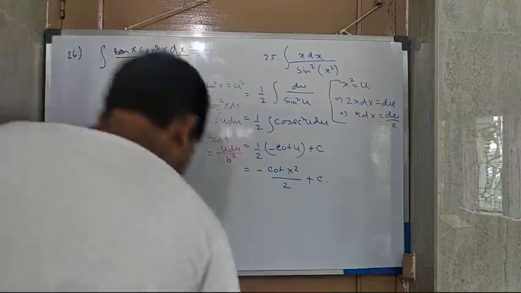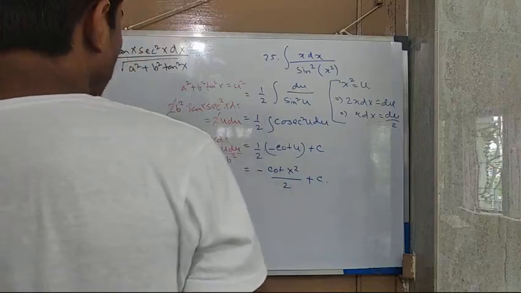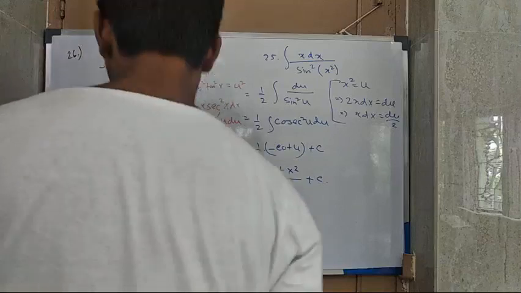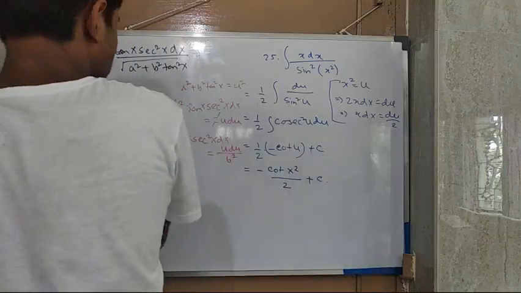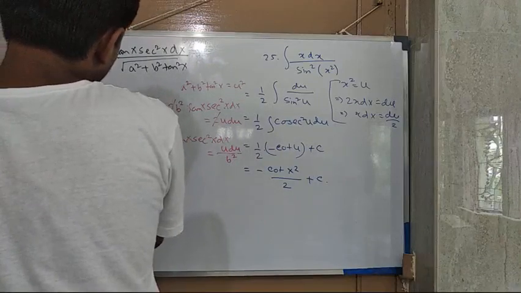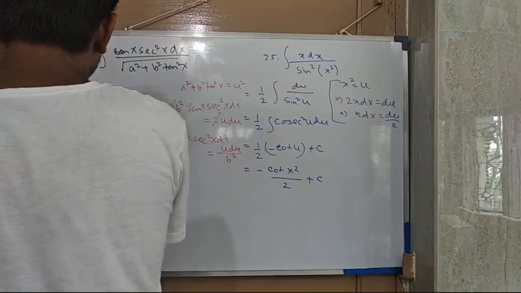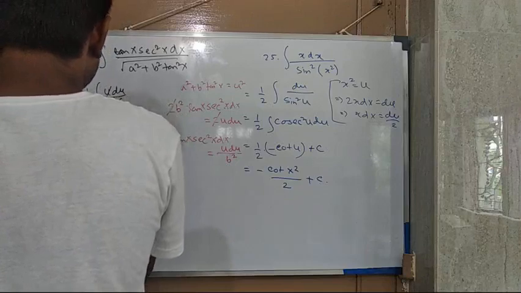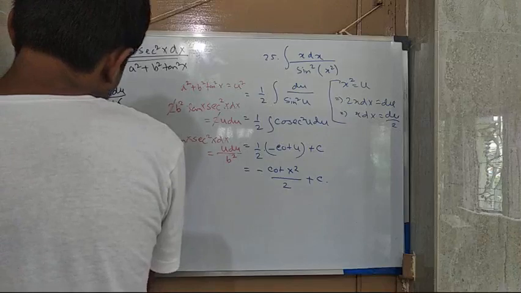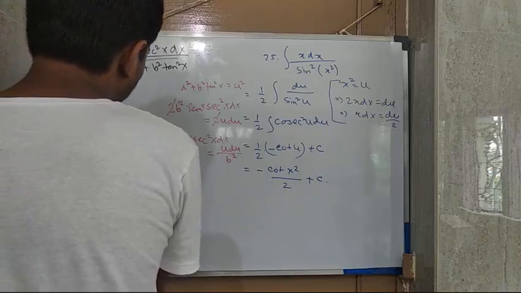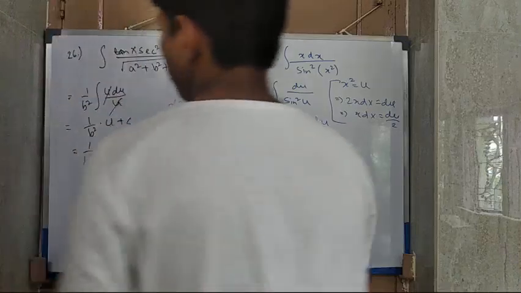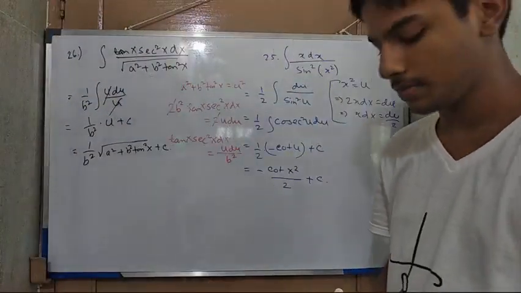So just put that in our original integral. We get 1 by b squared times the integral of u du by u. So u and u get cancelled, which is 1 by b squared times u plus c, and u was root under a squared plus b squared tan squared x, so 1 by b squared root under a squared plus b squared tan squared x plus c. So this is our answer for the 26th integral.